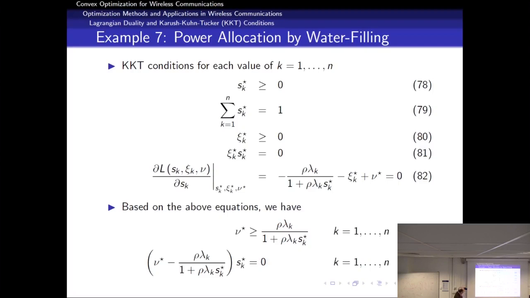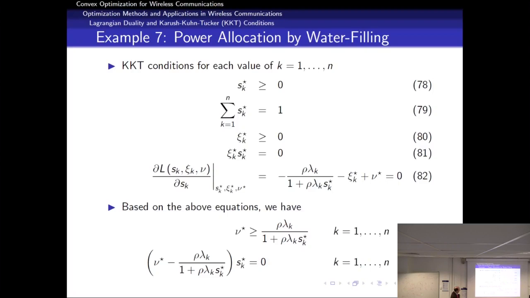And then the last one is this derivative, essentially, that is equal to 0, so the stationarity. So you take the derivative of the Lagrangian with respect to your optimization variables here, and this has to be equal to 0.